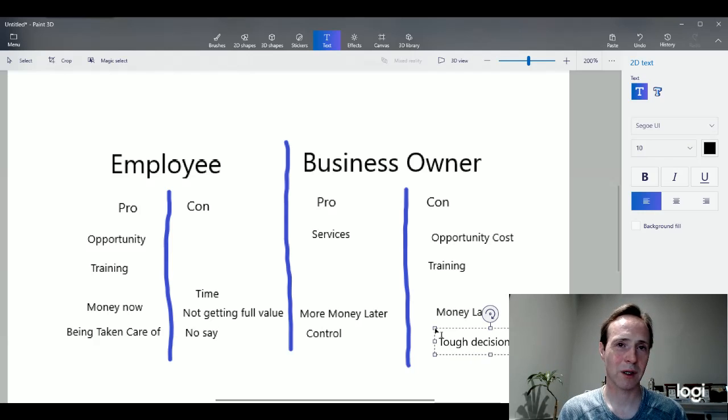You have to say, I might have to fire these people, or I might have to hire people and not have enough money to pay for them. I might have to invest in this technology. I might have to cut costs here, or I might have to sell my product for less than what I thought it was worth. There are all these what-ifs and decisions that have to be made.